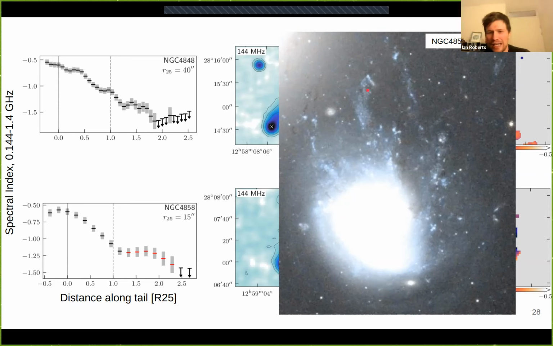So it's possible that this is a signature of this ongoing star formation, and that this is potentially a viable way to find jellyfish galaxies with ongoing star formation in their tail, to look for these sort of bumps in the spectral index profile. But still work needs to be done to confirm this. In particular, we're going to try and add in a couple more frequencies from the uGMRT to try and make a more complete picture here.